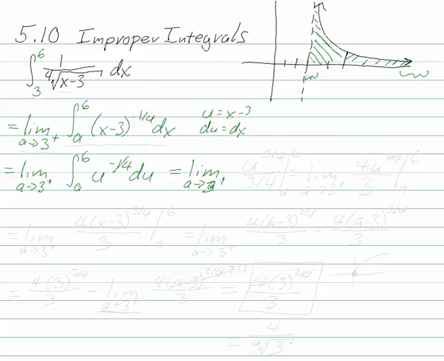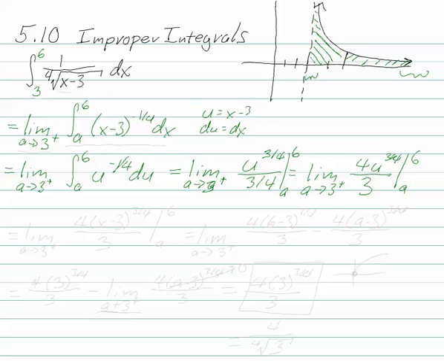So the limit as a approaches 3 from the right of u to the negative 1/4 plus 1 is 3/4, over 3/4, from a to 6, which is equal to the limit as a approaches 3 from the right of 4/3 u to the 3/4 from a to 6.